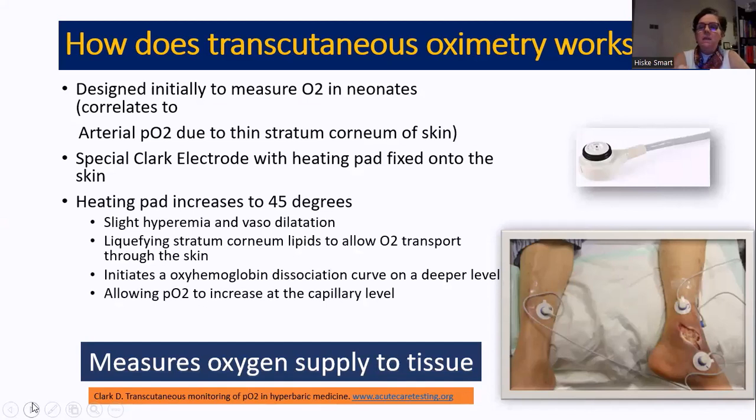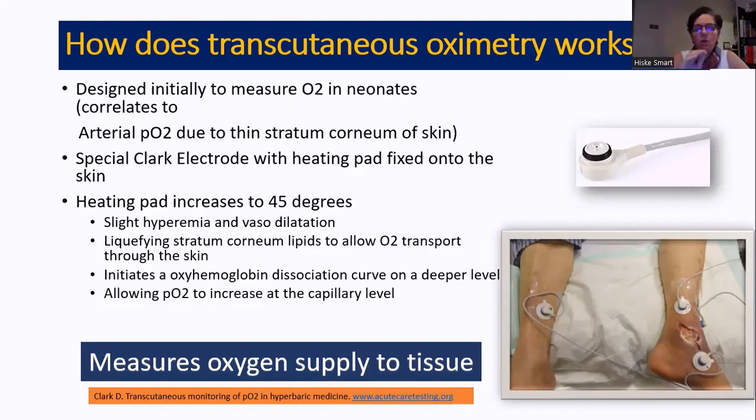And that heating pad that you see on the top here increases to 45 degrees, and it causes a slight hyperemia and vasodilatation, and that allows for oxygen to transport through the skin into the little cup holder that has a little bit of fluid in it, and then it's absorbed into the membrane that is lying on top of the electrode, the Clark electrode.